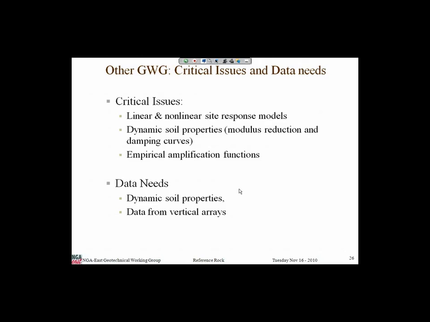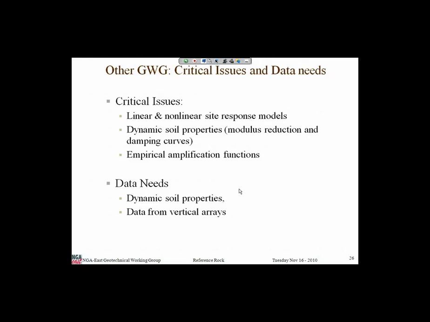We're also going to have an activity on how we characterize, if there are ways to do empirical amplification functions, but the problem is many of these are applicable for fairly weak motions, not the strong motions that we are expecting. What are our data needs? Dynamic soil properties so that we can develop our idealized soil profiles, and data from vertical arrays, which would be very, very helpful.